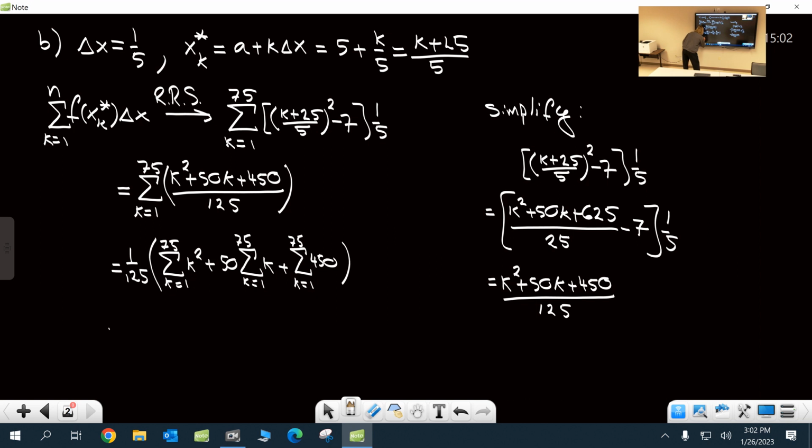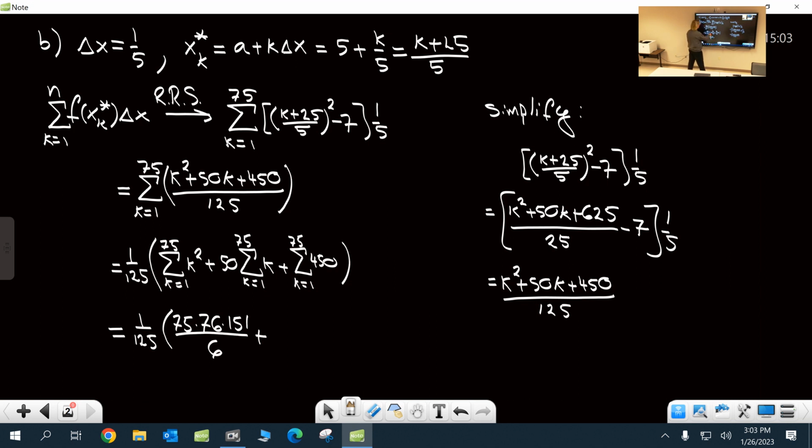All right, so we are ending up with 1 over 125 multiplied by, this is the exact same statement that we had just a moment ago with the left Riemann sum, which was 75 times 76 times 151 over 6.